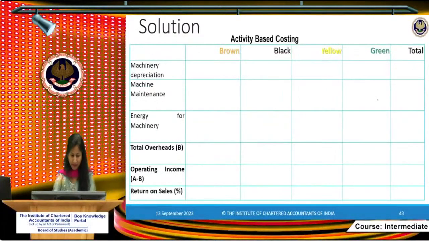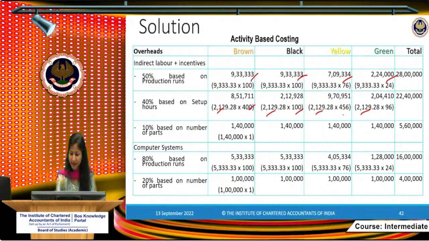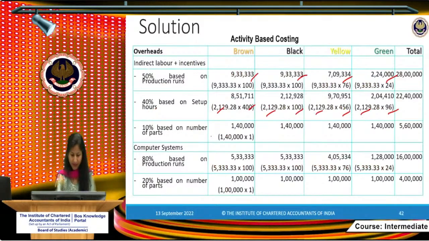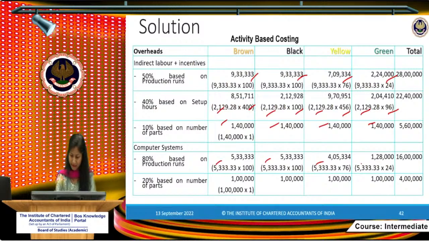Yes, we have multiplied it with 400, 100, 456, 96. Next was 1,40,000. Everything was 1,40,000. Next, 5,333.33 was the rate. Yes, it was there. Correct.